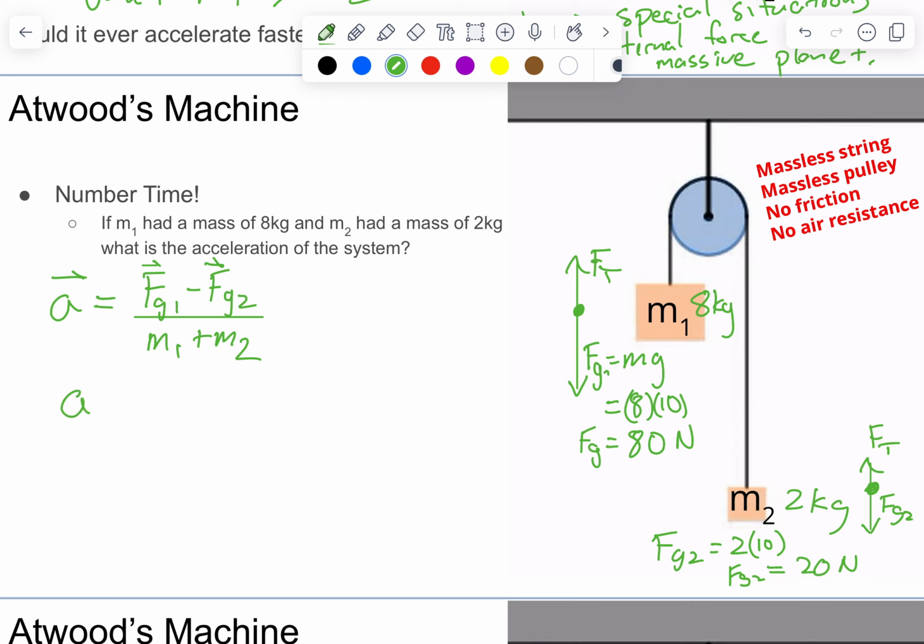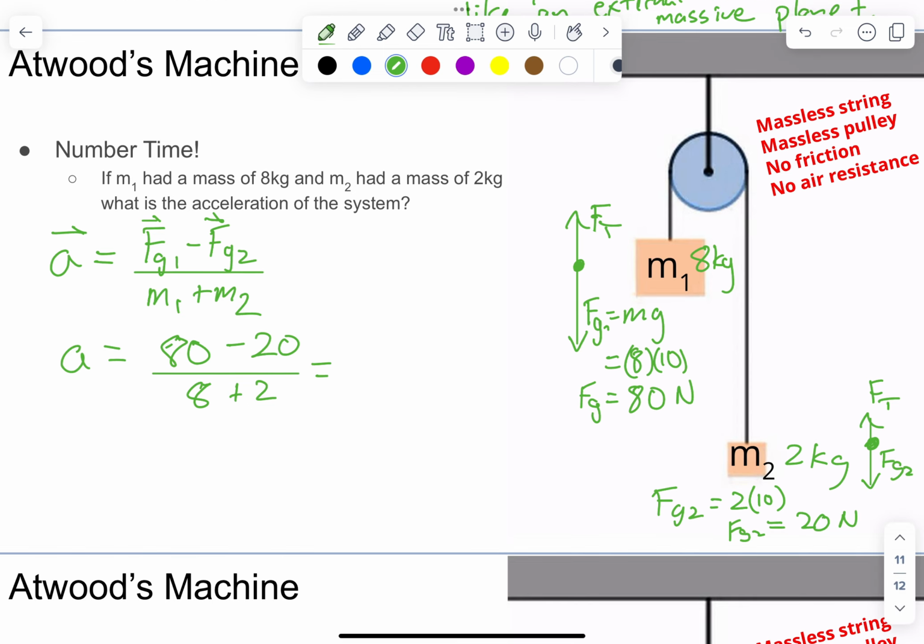I have acceleration equal to 80 newtons minus 20 newtons divided by the masses added together, which is 8 plus 2. Oh boy, look at this. This is going to work out nice, I think. I get 60 divided by 10. My acceleration is equal to 6 meters per second squared.